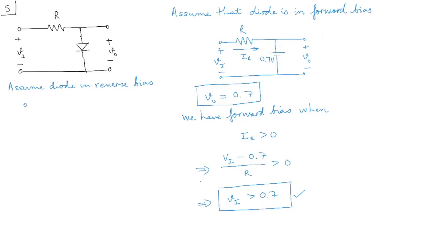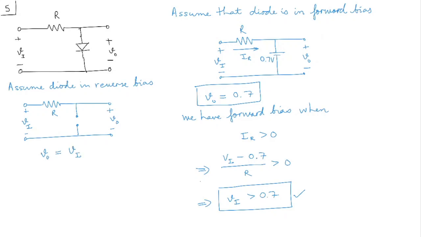And in that case, you have a circuit like this. This is Vi, this is Vo, and the diode is just open circuited. And in this case, what is Vo? Well, Vo is just equal to Vi, isn't it?